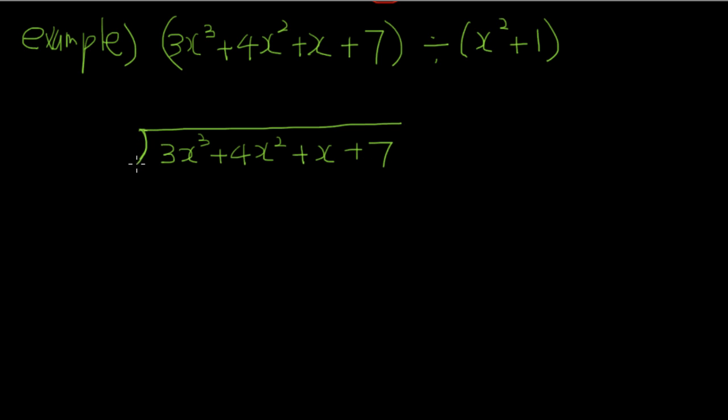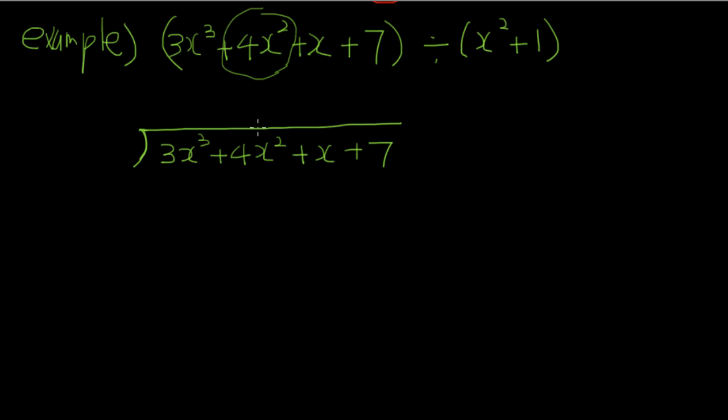Another point that I like to make at this point, you see that the exponents of x are in nice descending order. So we have x cubed, squared, and 1, and the number, right? Now let's say we didn't have any one of those x terms. Let's say we didn't have, for example, 4x squared.